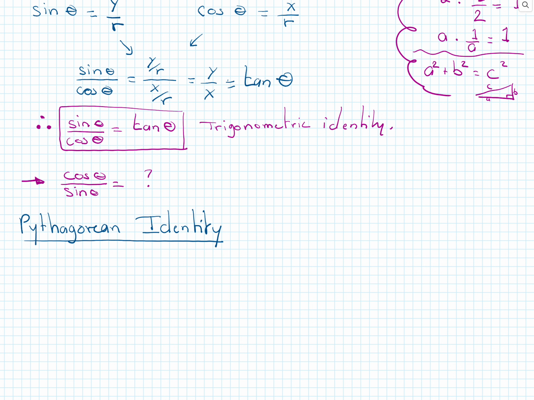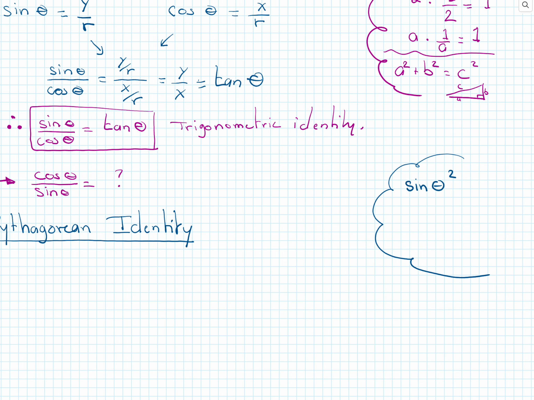Okay, before we go there, we need to talk something about notation. When we square trig ratios, trig functions, if I need to square sine of theta, for example, I am not going to write it like that, because that would imply I'm squaring theta, the angle value only. That's not what we're doing.